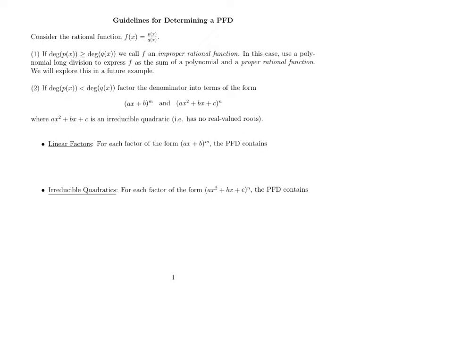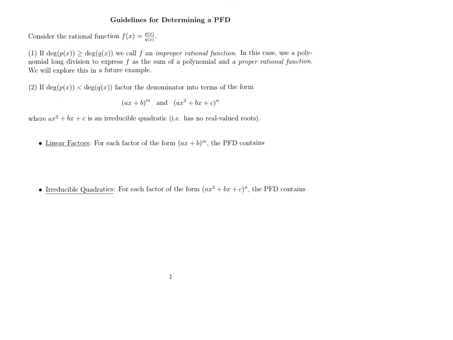Luckily for us, there's a nice, well-defined procedure that we will follow. We start off with a rational function, in this case f(x) = p(x)/q(x). Remember, because it's rational, that means we have a polynomial over a polynomial. The first thing we need to check is to compare the degrees of the polynomials p and q.